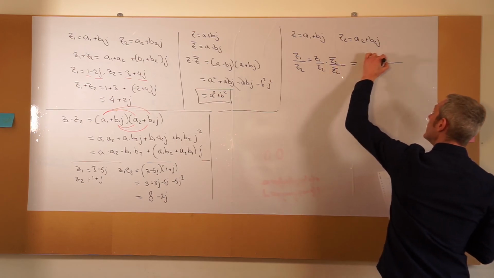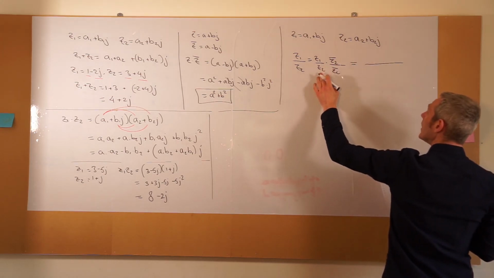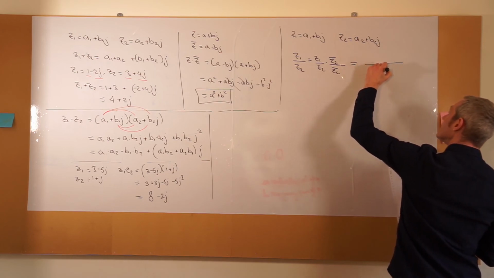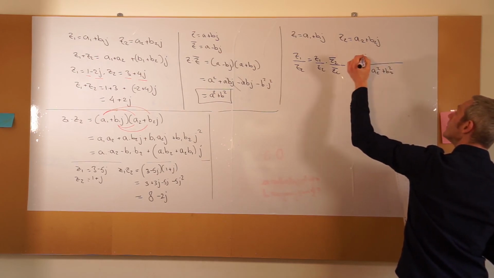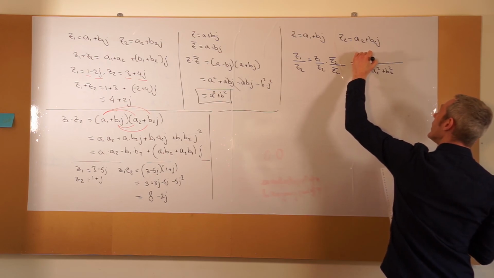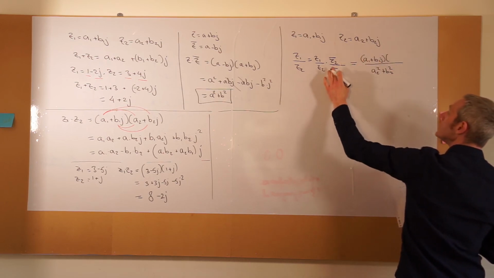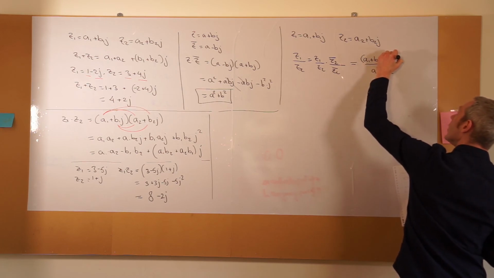So we know what Z2 times the complex conjugate is. That is A2 squared plus B2 squared. And here we have our two complex numbers, where we now take the complex conjugate of Z2.